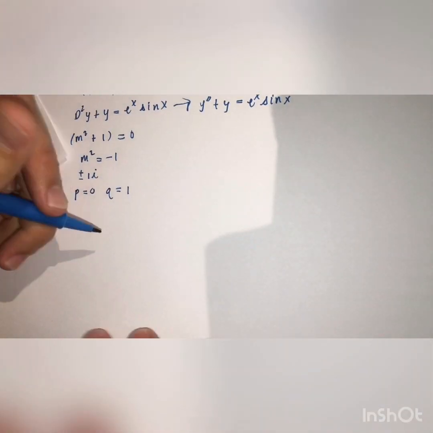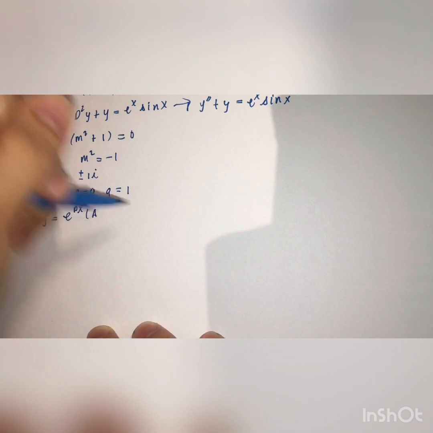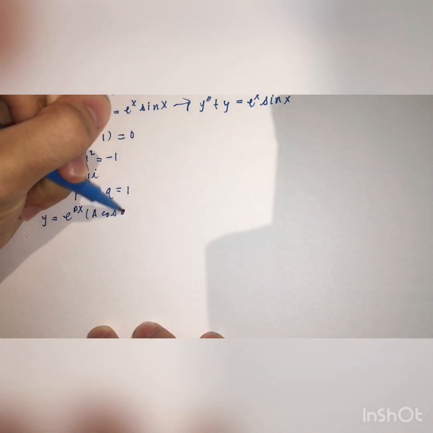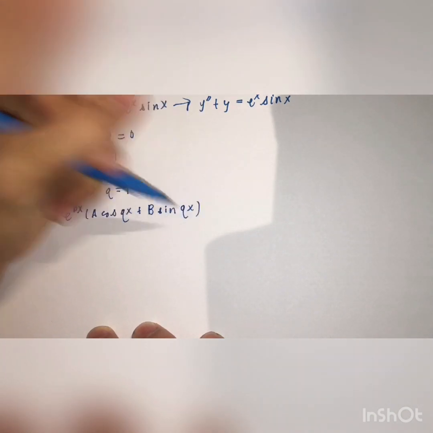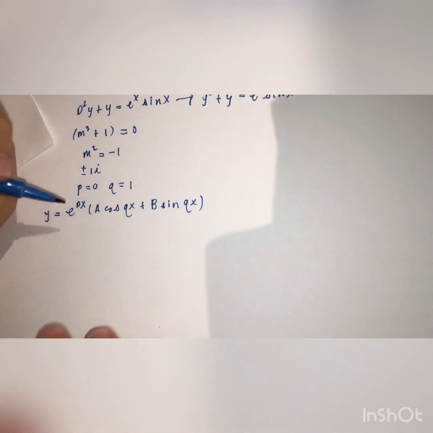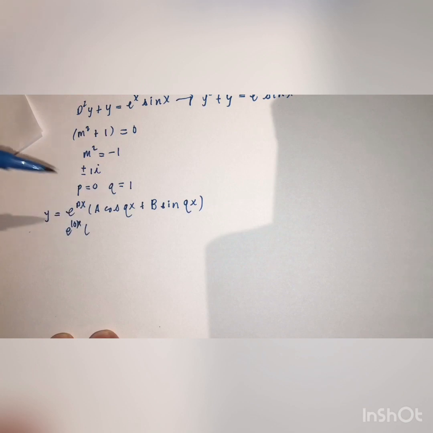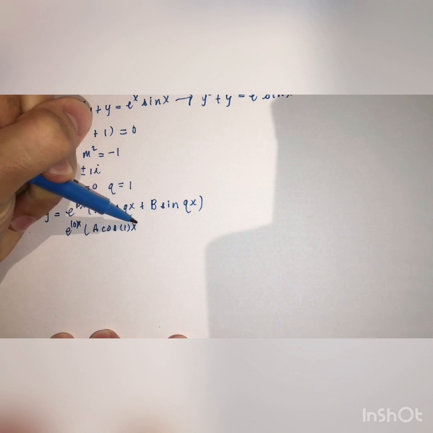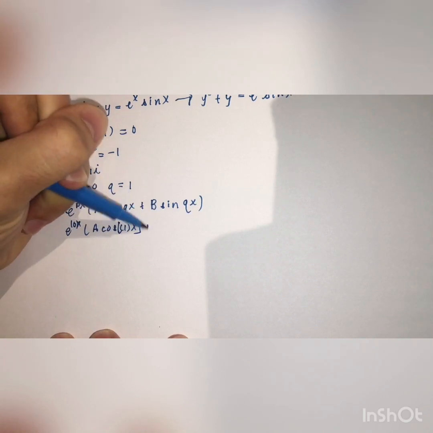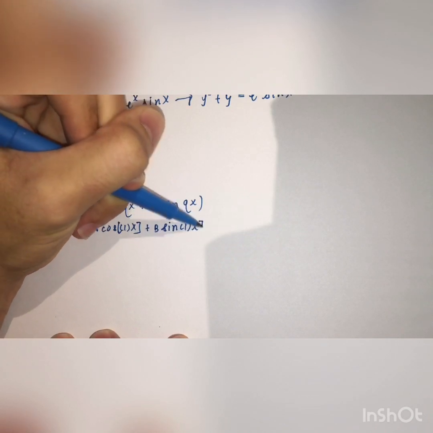And that is y equals e to the px times a cosine q of x plus b sine q of x, p being 0, and a cosine 1x plus b sine 1x.